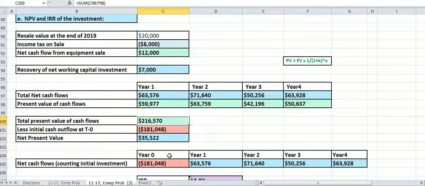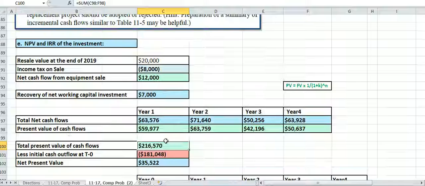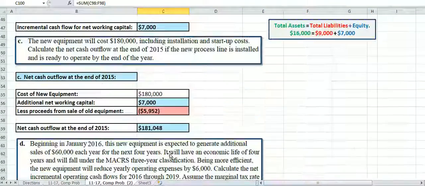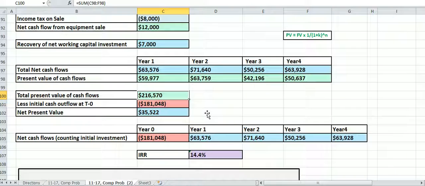Okay, and then we have to subtract our initial cash outflow right here, which we got way back up here, right there, and that's going to give us our net present value. So our total present value of cash flows minus the initial cash outflow at time 0 is going to give us our net present value, which is positive.